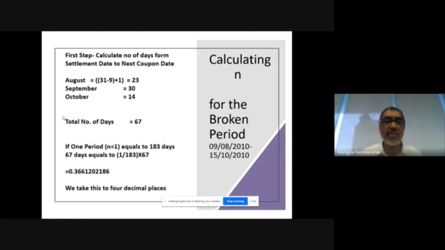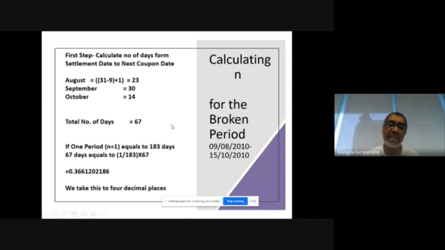For this coupon period, when we calculated accrued interest, we already calculated 183 days, the current coupon period. Out of that, from the settlement date to the maturity date of this coupon, we have 67 days, right?